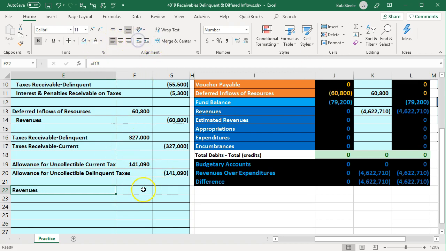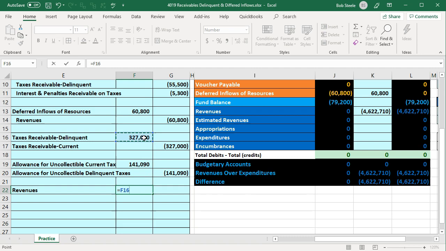And that's going to be for the difference between these two items that we just recorded, the amount of the receivables minus the 141 allowance. So that's going to be the 185,910, because that's the current receivables we didn't collect on, that we recorded in revenue, that now we're going to take out of revenue, making us go more towards the cash basis.